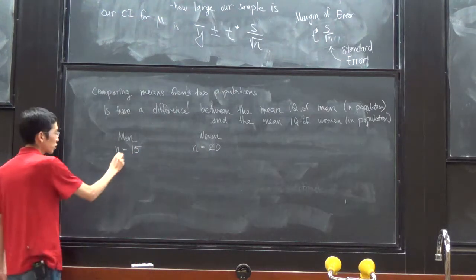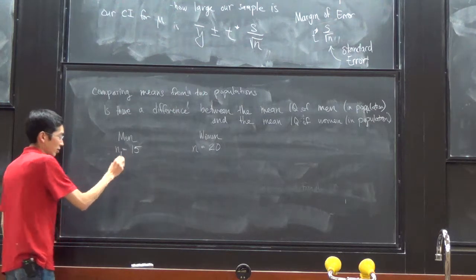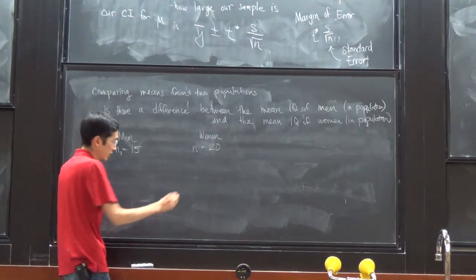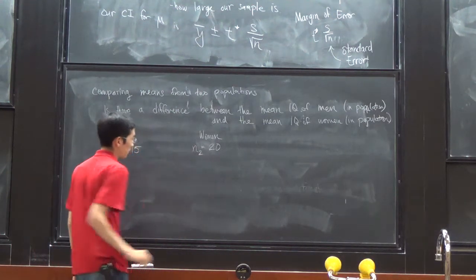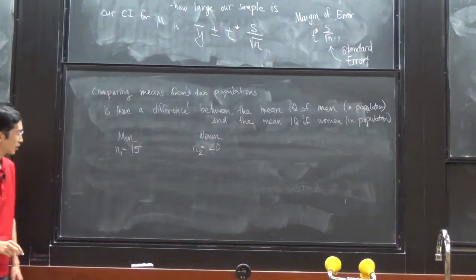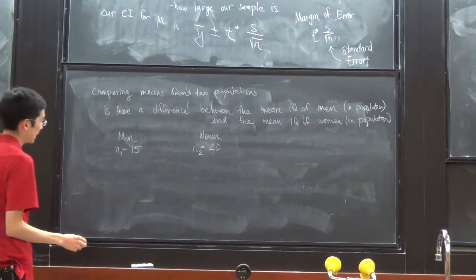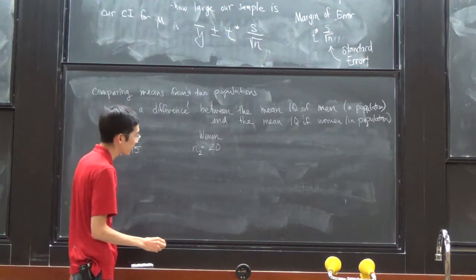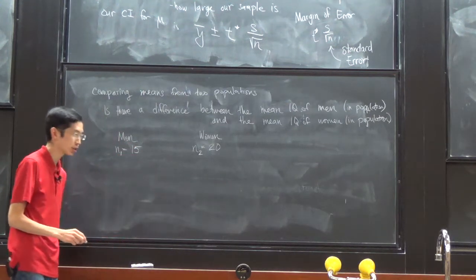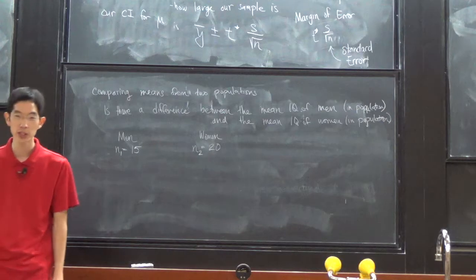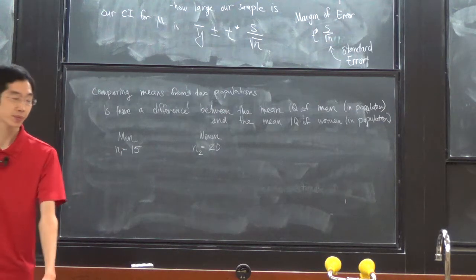So to distinguish between the n that corresponds to the men and the n that corresponds to the women, I'm just going to put subscripts on them, n1 and n2. I could choose n sub m and n sub w if I wanted to, but I just arbitrarily labeled one group 1 and the other group 2.